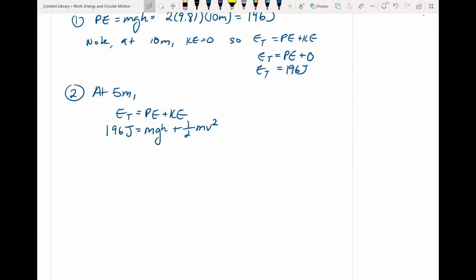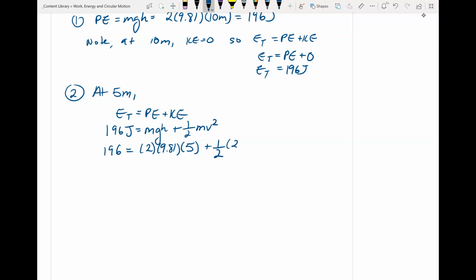I'm going to fill in the information we do know. So mass is 2 kilograms, gravity is 9.81 meters per second squared. The height we're looking at is 5 meters in this case.